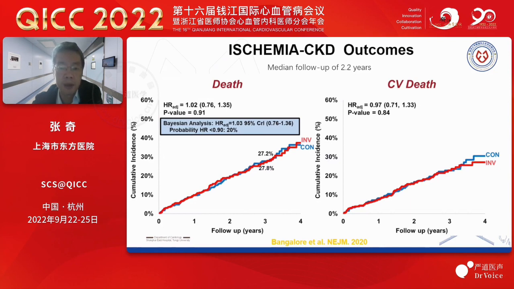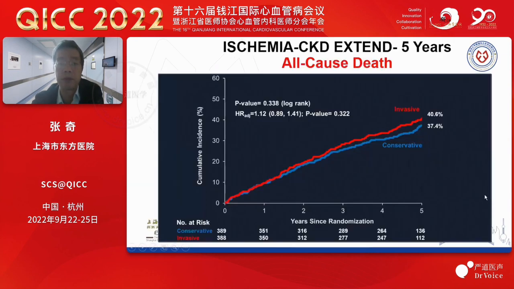We found that for death and CV death, cardiovascular death, the conventional strategy and invasive strategy have no significant difference. This is the 4-year follow-up, and the conventional strategy group and invasive strategy group are very similar.